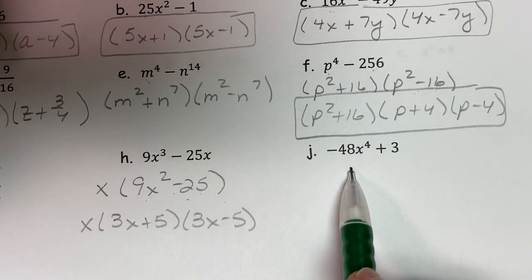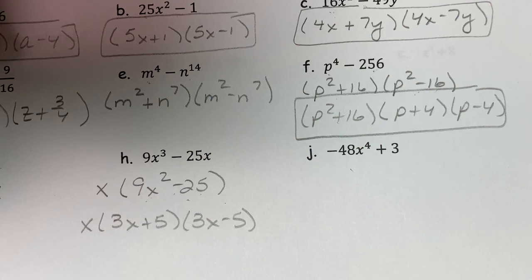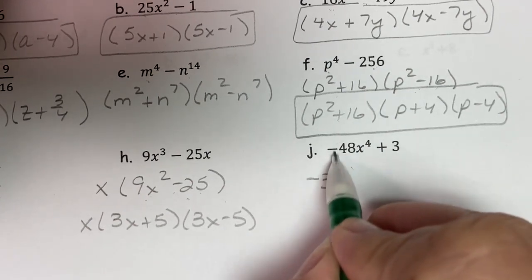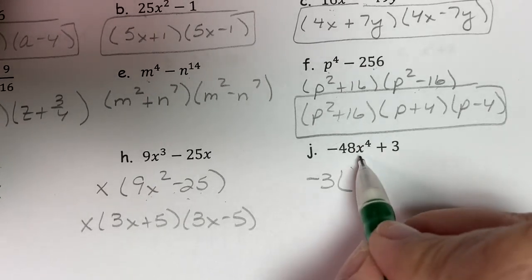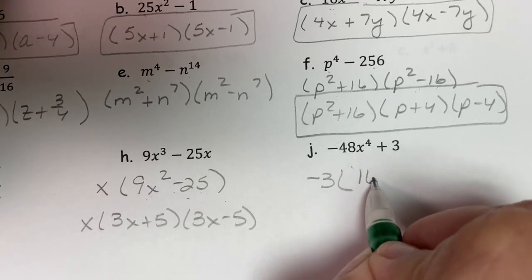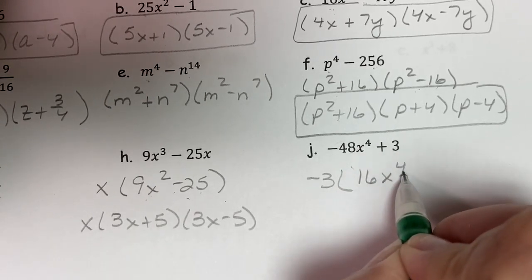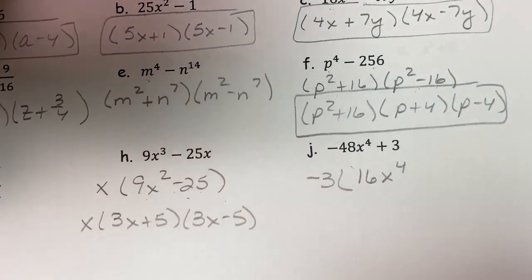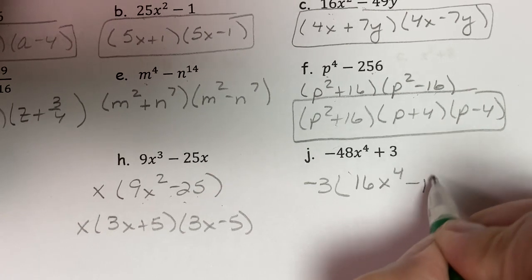How about this one right here? Well, it certainly isn't a difference of squares right now, but do you notice that there's a greatest common factor of 3? In fact, I'm going to take out a negative 3 because I told you I hate that negative there. So if I take out a negative 3, I'm going to get positive 16x to the 4th, and 3 divided by negative 3 is negative 1.